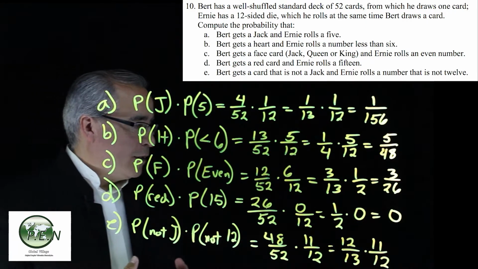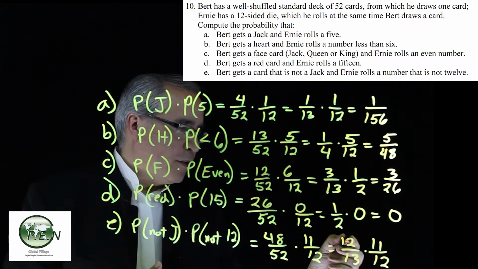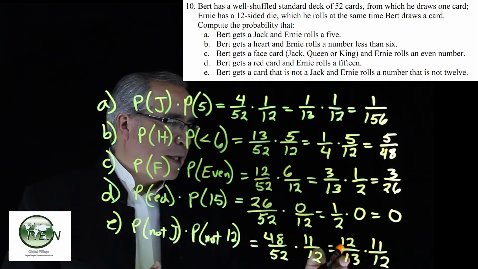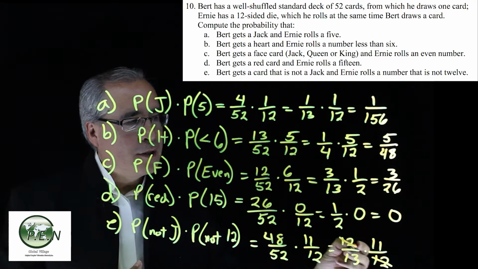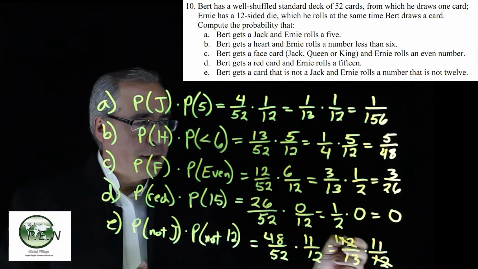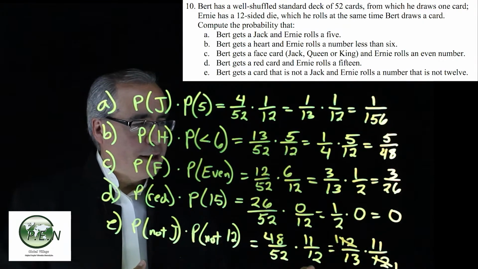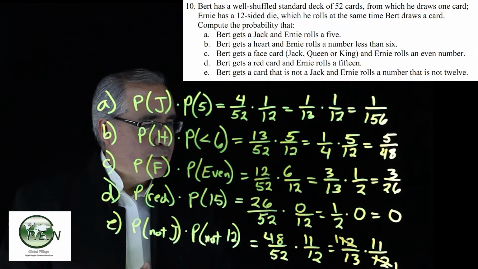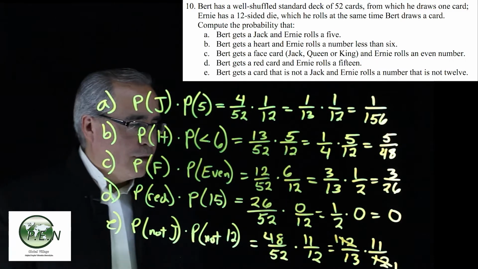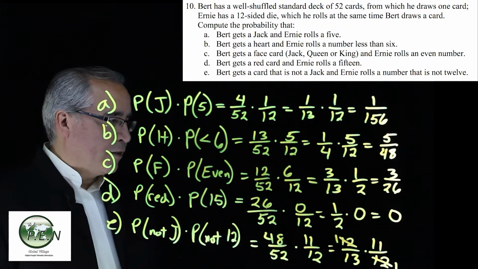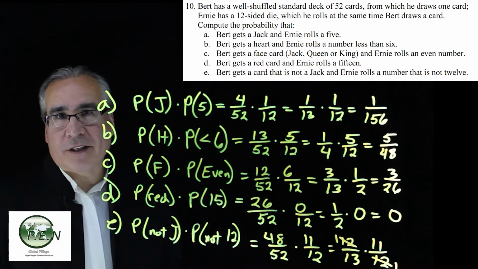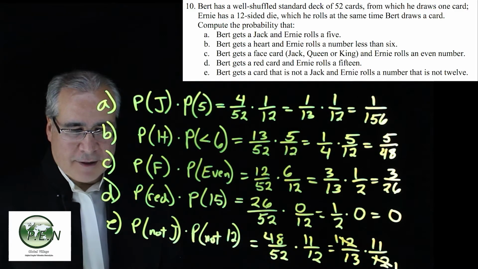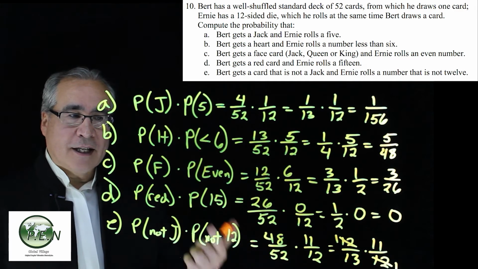In this multiplication, before we just multiply out, you can take 12 divided by 12, so these two cancel each other out, becoming 1. So 1 times 11 is 11, 13 times 1 is 13. So 11/13 is our probability. You'll see that's about an 84.6% chance of happening that we don't get a jack and don't get a 12.